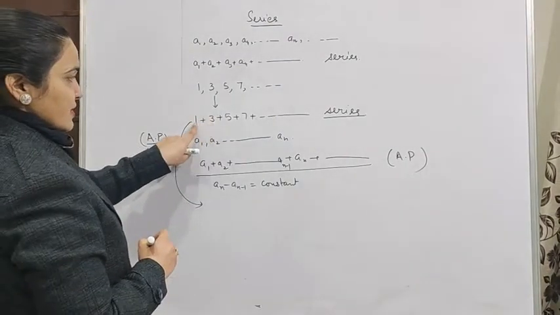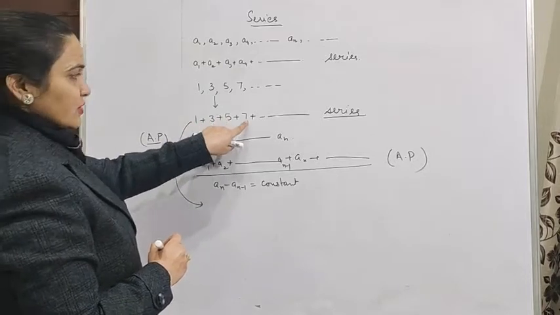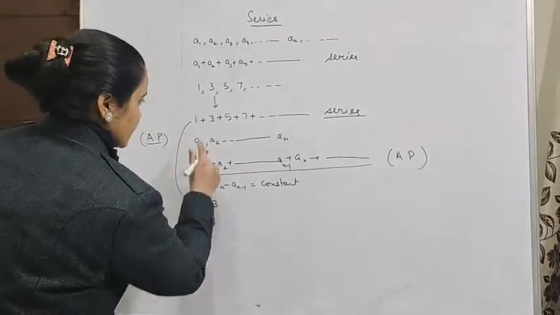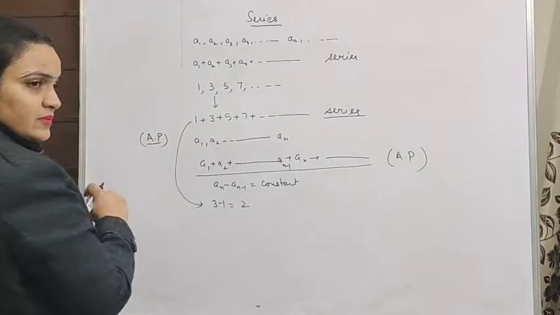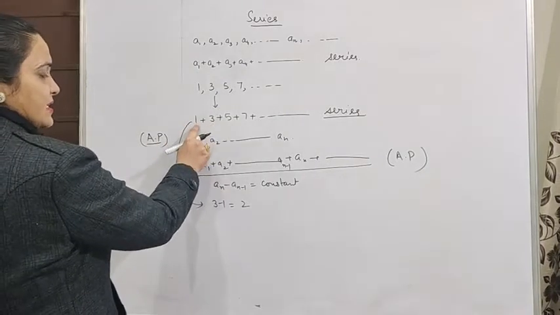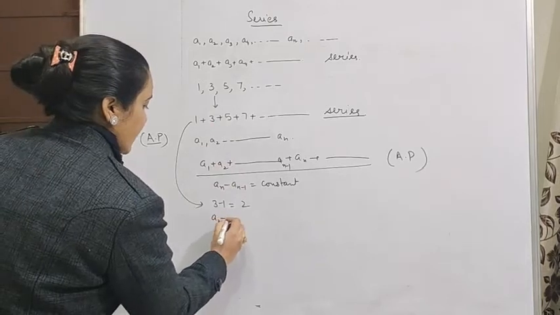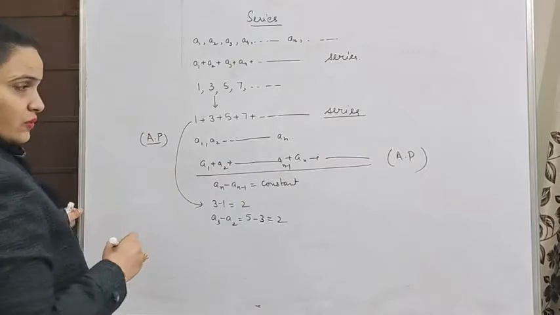Suppose, let us take this series again. We have first term as 1, second term as 3, third term as 5, fourth term as 7. If we check, 3 minus 1 is 2, the difference of these two terms, A2 minus A1, is 2. A3 minus A2, that is 5 minus 3, is again 2.